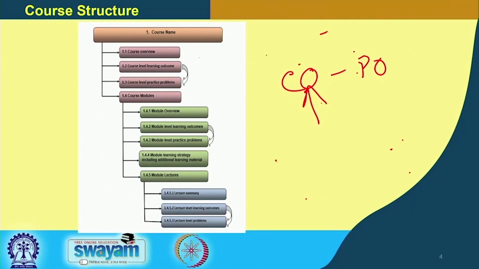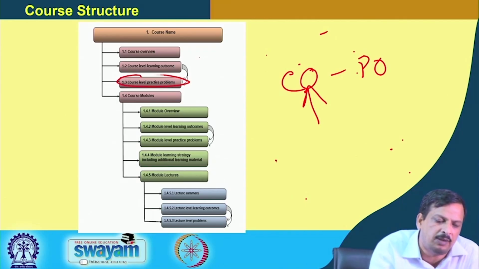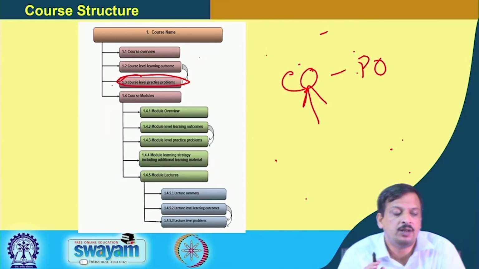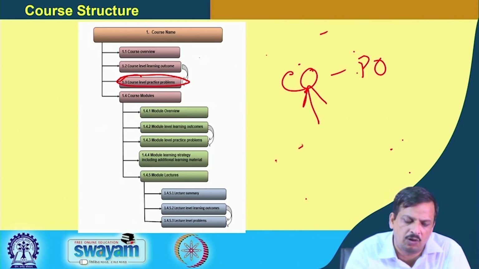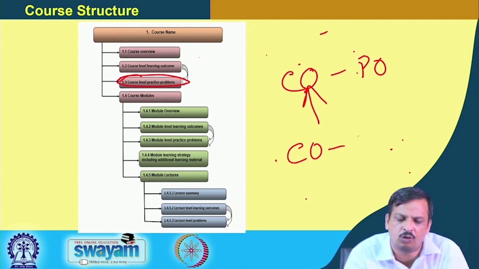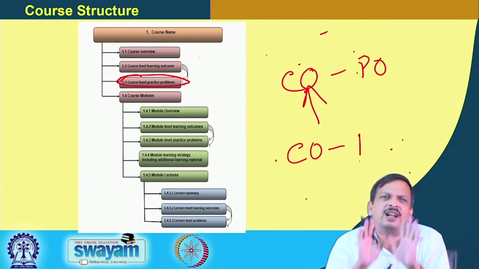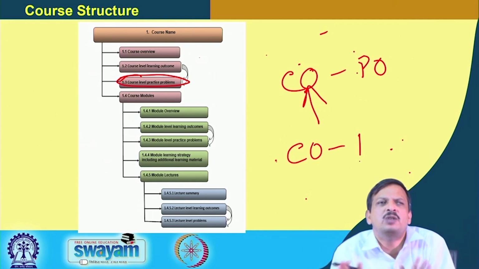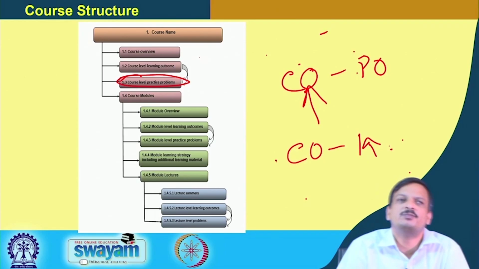Then the course level practice problem. If you see, there is a course level practice problem. When I say CO, let us say this is my CO1. If a student says, yes sir, I have achieved CO1, how is he able to test whether he achieved CO1 or not?